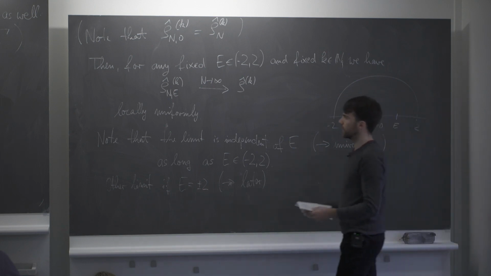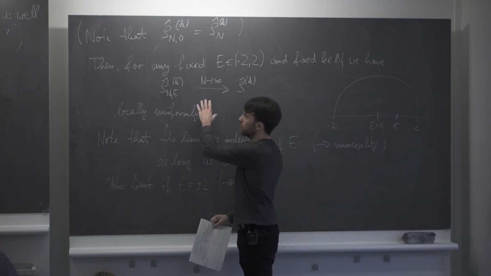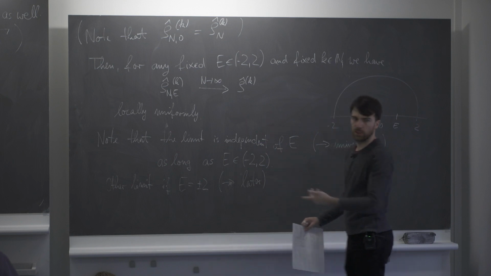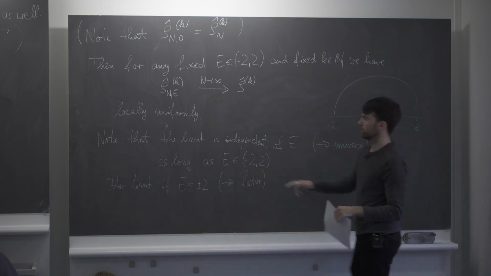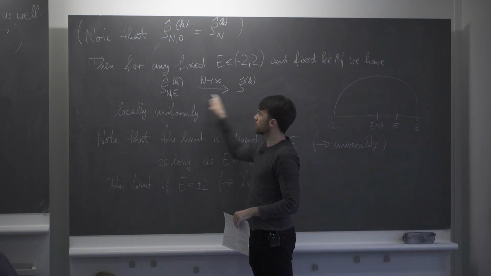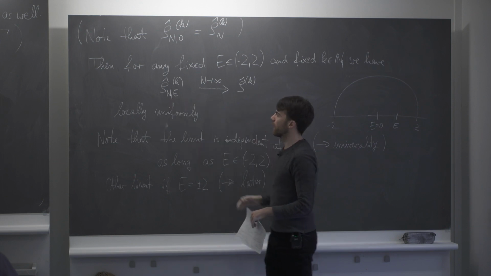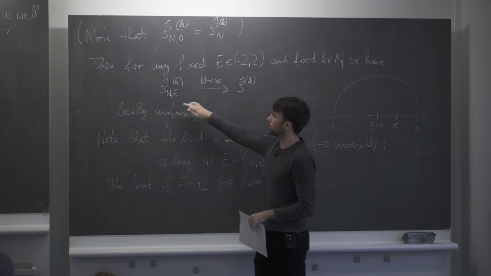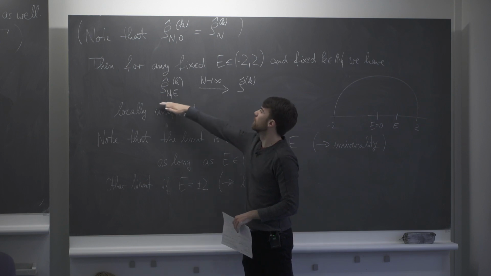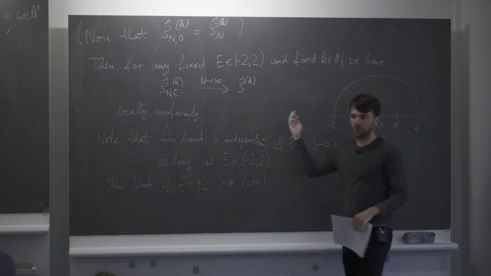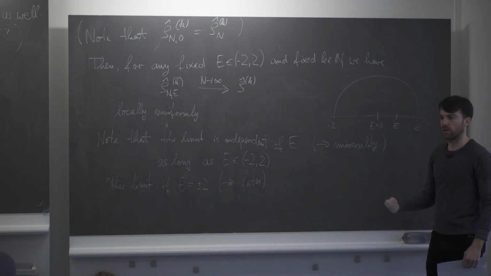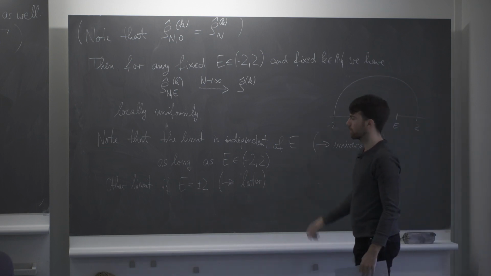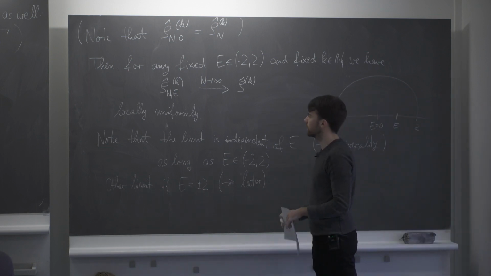And then yeah, next week I want to give you some ideas how to adjust the proof that we have seen before in the case when E is equal to 0 to this situation. And then we will work towards proving such kind of statement in the case when we don't have GUE, but when we have another Wigner matrix or some other Wigner matrices that we can treat in the beginning.